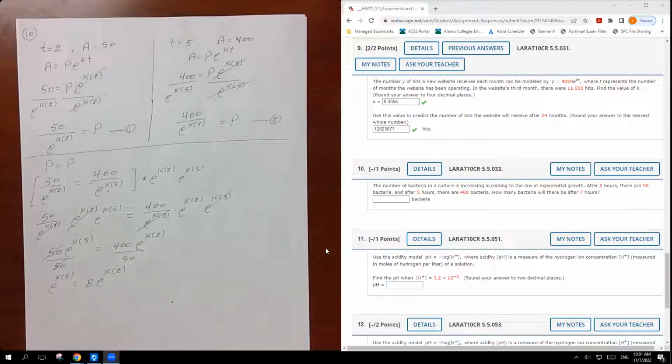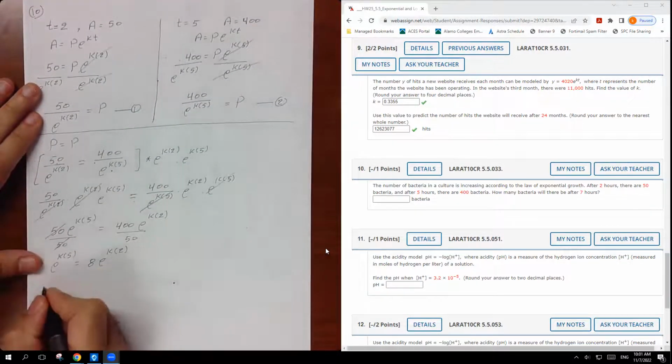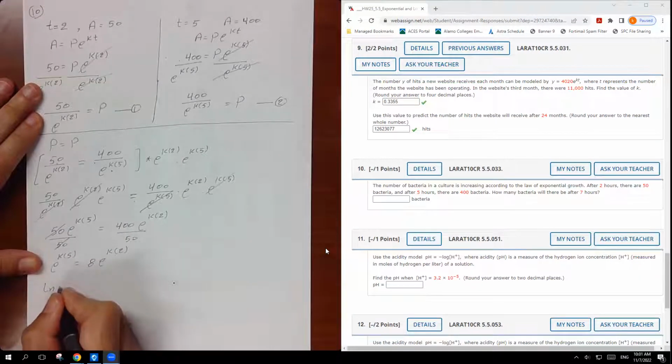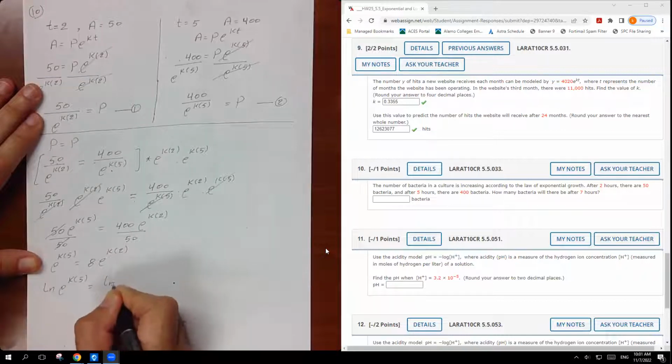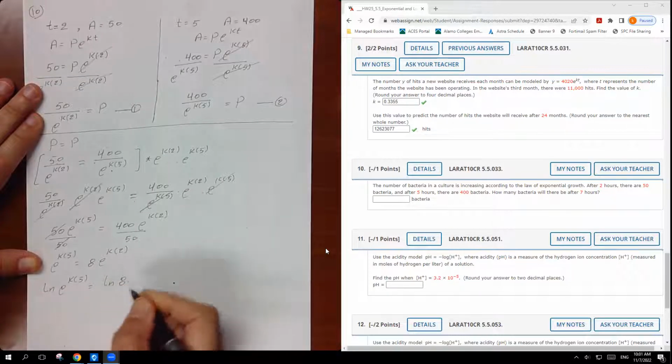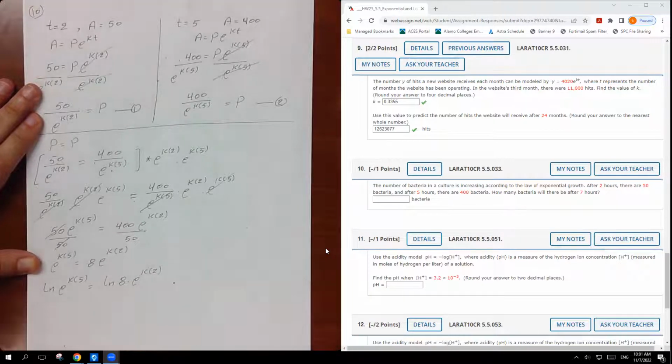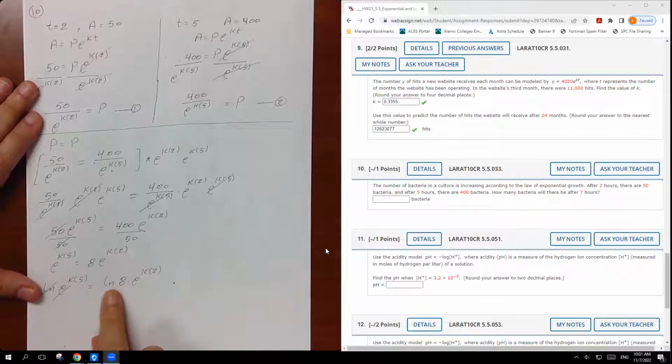Now, next step, since x equals y, I'm going to take ln of both sides. So let's take the ln here: ln of e^(k·5) equals ln of 8 times e^(k·2). On this side, you're just going to cancel it. But on the other side, you can't do that, because it's ln of a multiplication of two numbers, so you're going to use the product rule here.